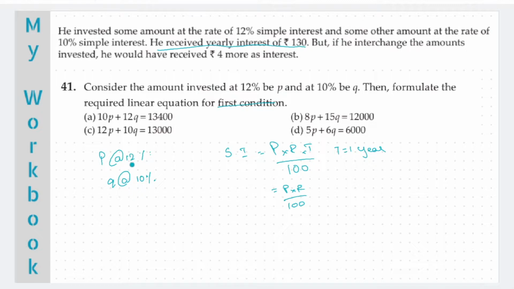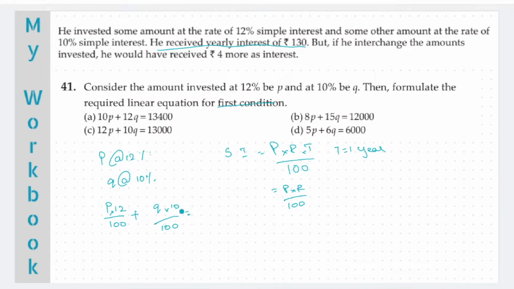So we are assuming that P is the amount invested at the rate of 12%. So the interest for that amount will be P into 12 by 100 plus the other part of amount invested is Q and the rate of interest is 10. So Q into 10 by 100.